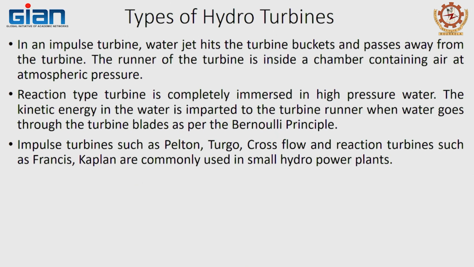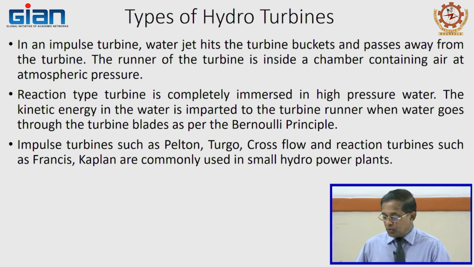Therefore, when the fluid flows, there will be an additional force because of the vacuum effect. The same principle is used in these reaction turbine blade configurations, so that the force can be created for the rotation. Impulse turbines such as Pelton, Turgo, cross flow, and reaction turbines such as Francis and Kaplan are commonly used in small hydropower plants.